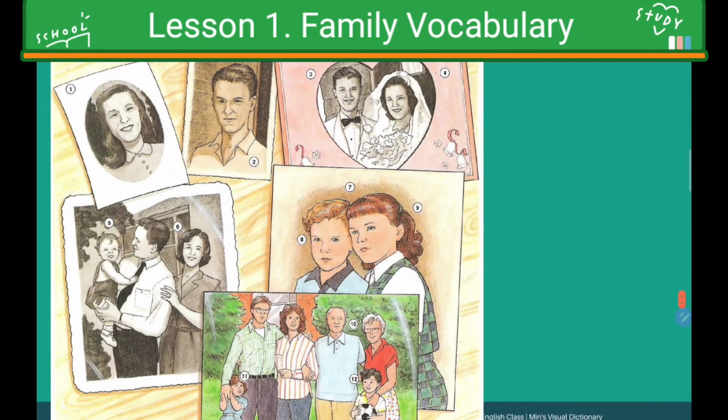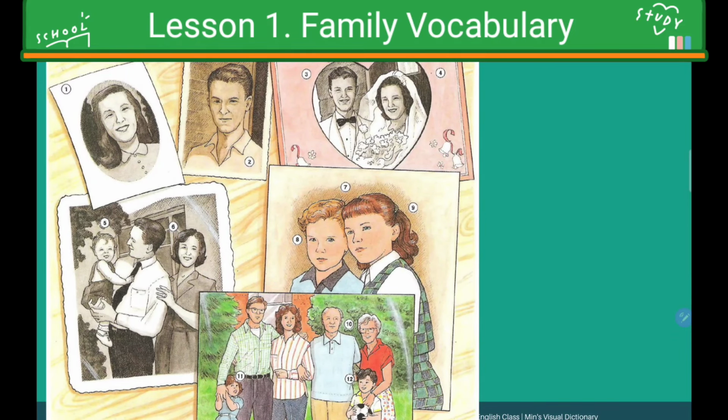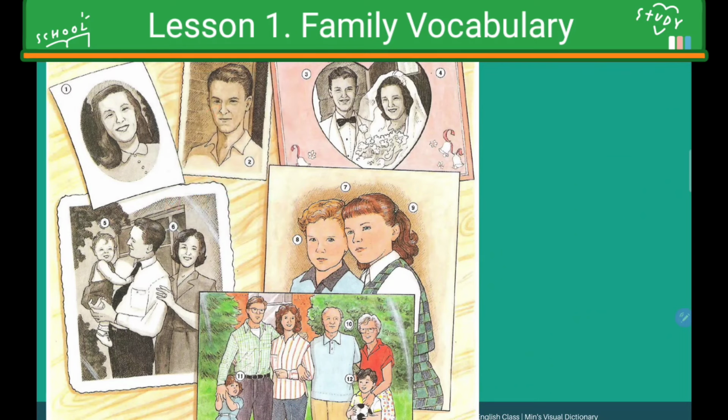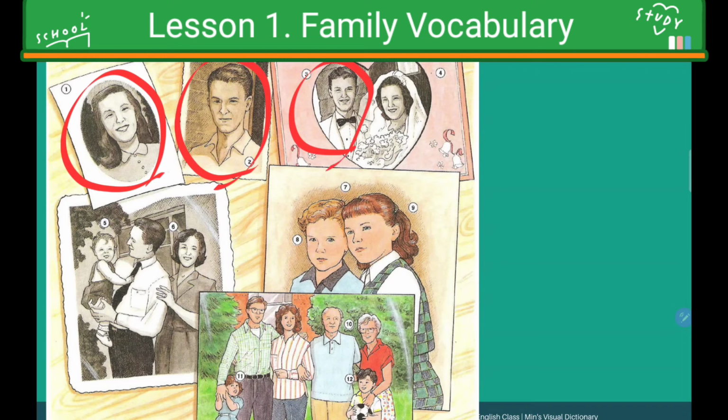Let's give it a review. The first picture, we had woman, and then we had men, and number three, we had husband or groom in a wedding. We had wife or bride in a wedding. And then we had a little baby and their loving parents, mom and dad.